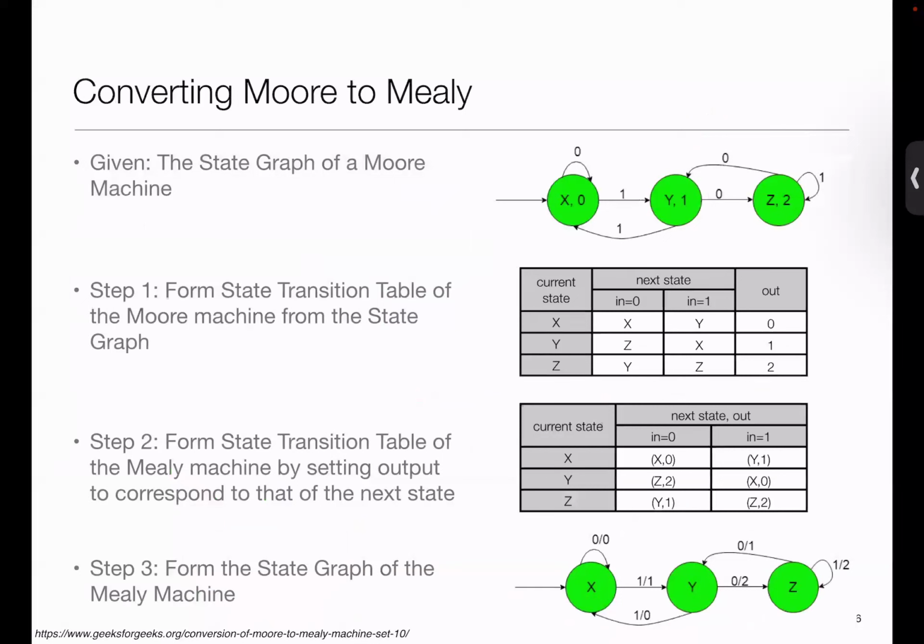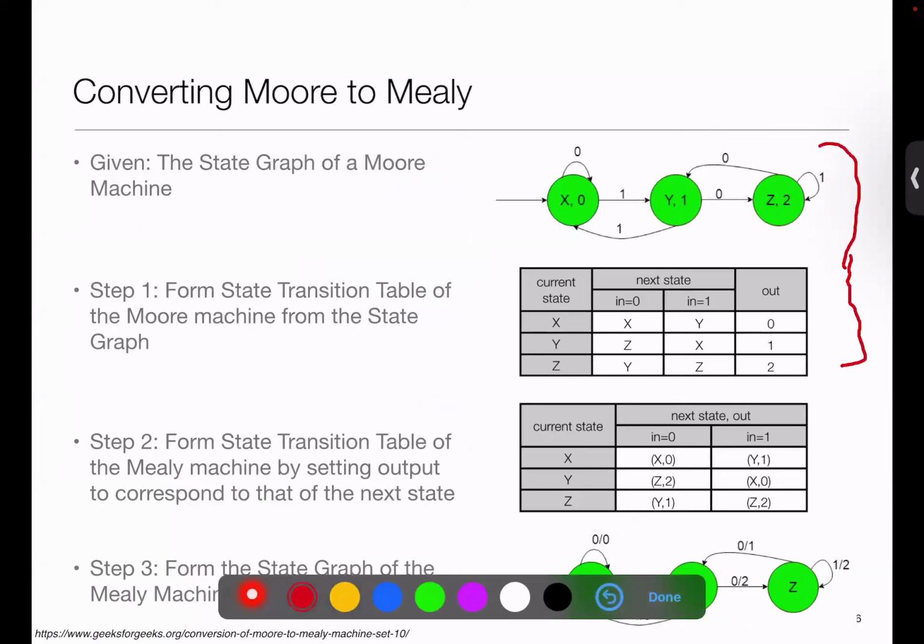So, converting Moore to Mealy. First, let's imagine I'm given this Moore machine. I've given both the state diagram and the table. You can verify that the table and the graph correspond to each other. In state X the output is 0, in state Y the output is 1, and in state Z the output is 2. And then, of course, we have the transitions.